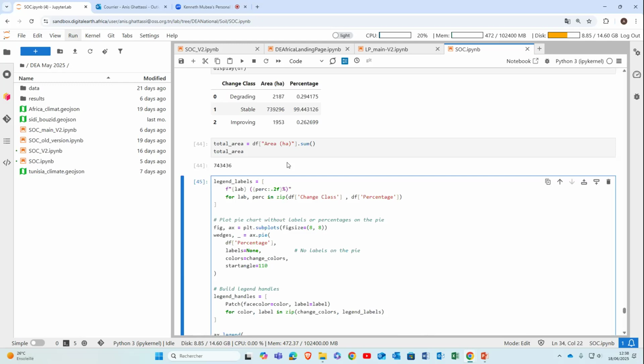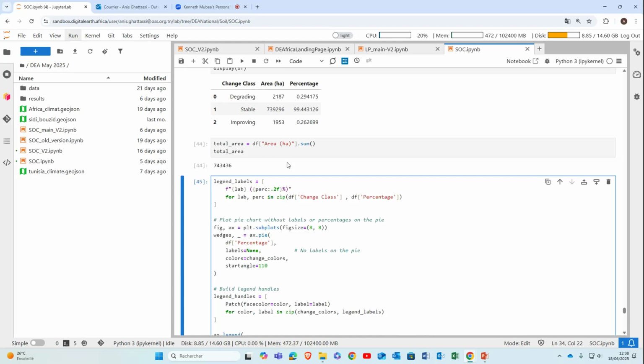As I said, we can extract rapidly the land degradation status for any region in just a few minutes.